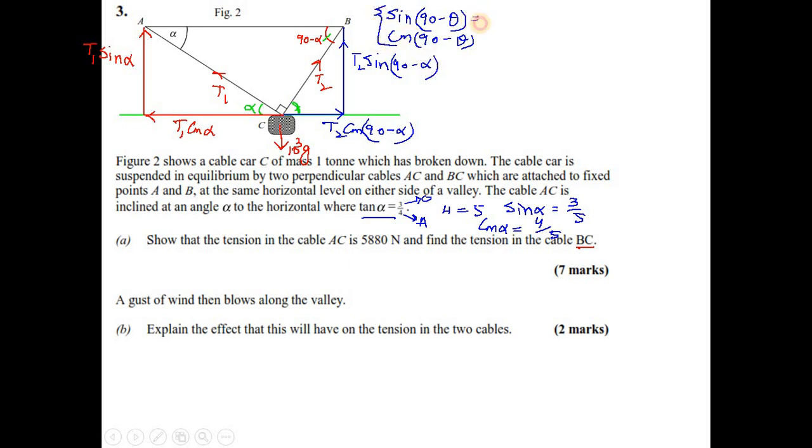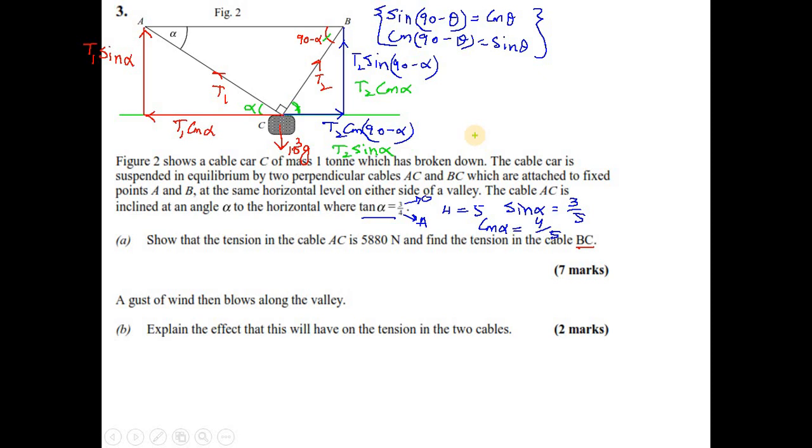So sine 90 minus theta is cos theta and cos 90 minus theta is sine theta. That means you can say that this T2 sine 90 minus alpha is in fact T2 cos alpha, and this horizontal T2 cos 90 minus alpha is in fact T2 sine alpha.